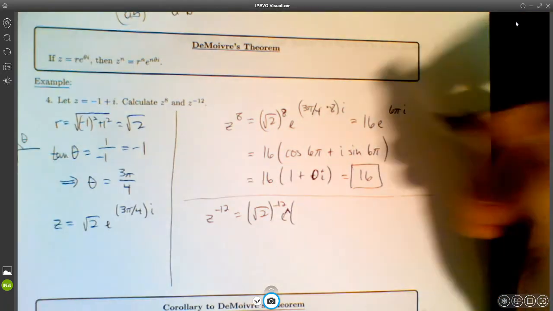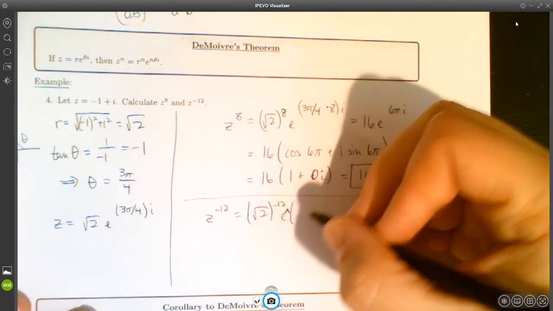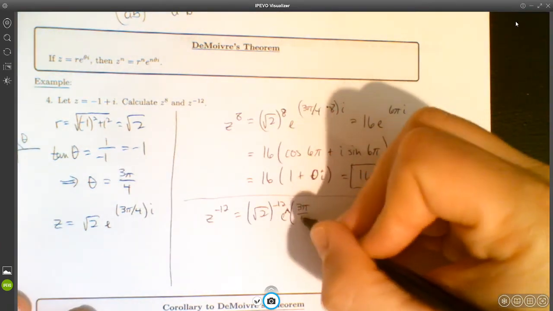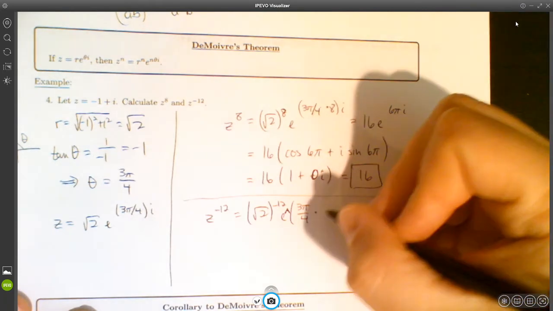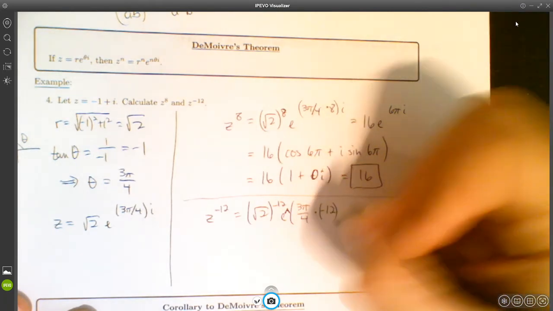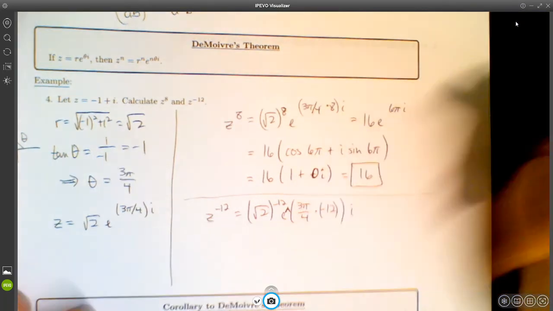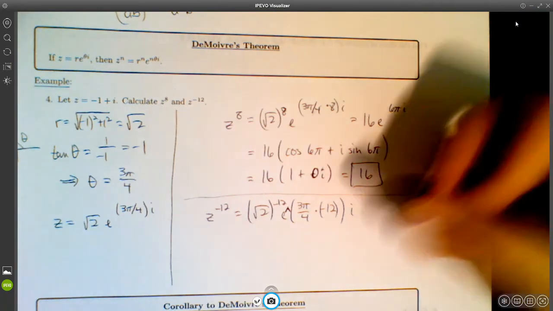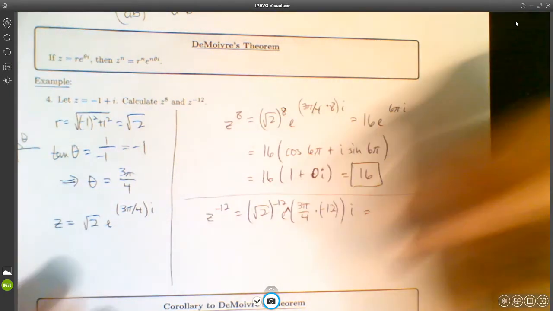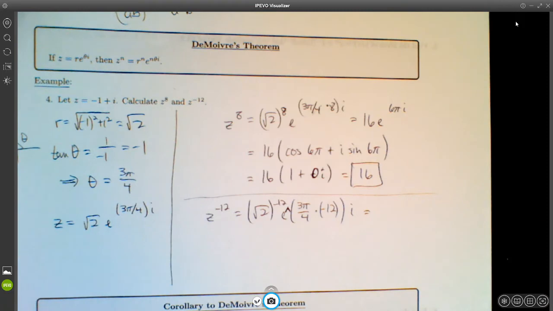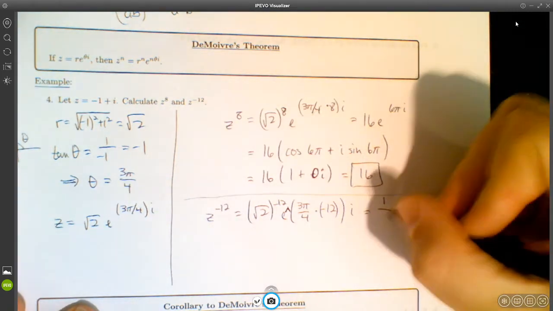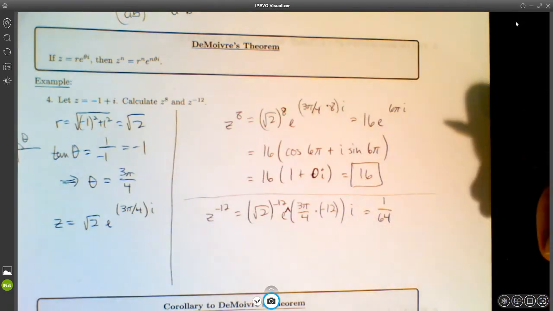Times e to the 3 pi over 4 times -12 i. So what would this be? Well, root 2 to the -12, that's 1 over root 2 to the +12. That would just be 1 over 2 to the 6th power, which I think is 64. It'd be 1 over 64.